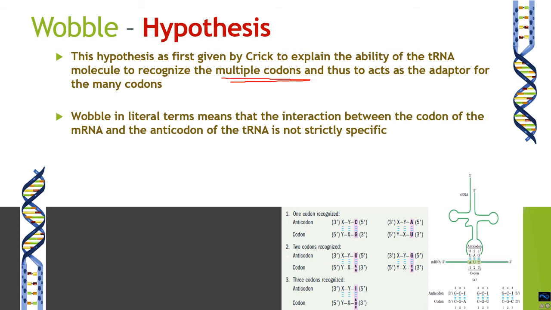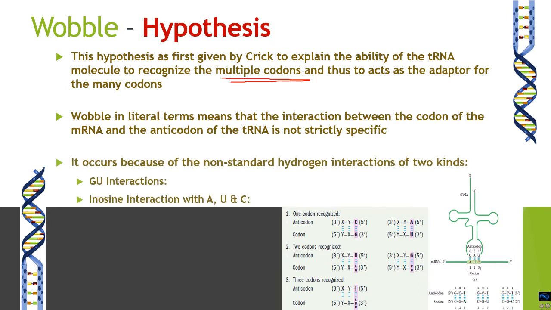This means that the interaction between a codon of mRNA and an anticodon of a tRNA is not specific. The non-specificity is because of two non-standard hydrogen bonding interactions: G-U interactions and inosine interaction with A, U, and C.